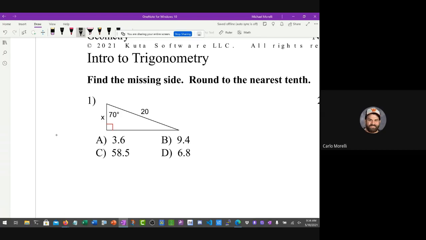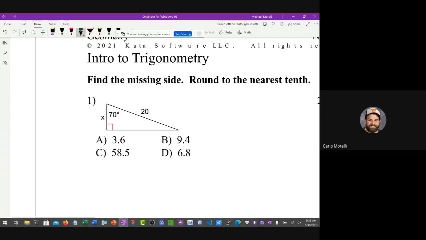But in order to do that in a normal situation, you would have to have two of the three sides. Then you could use a squared plus b squared equals c squared. But in this case, we don't have that. We just have a 70-degree angle. We have some long side here that has a word, starts with an H. And then X is the height of the triangle, okay?